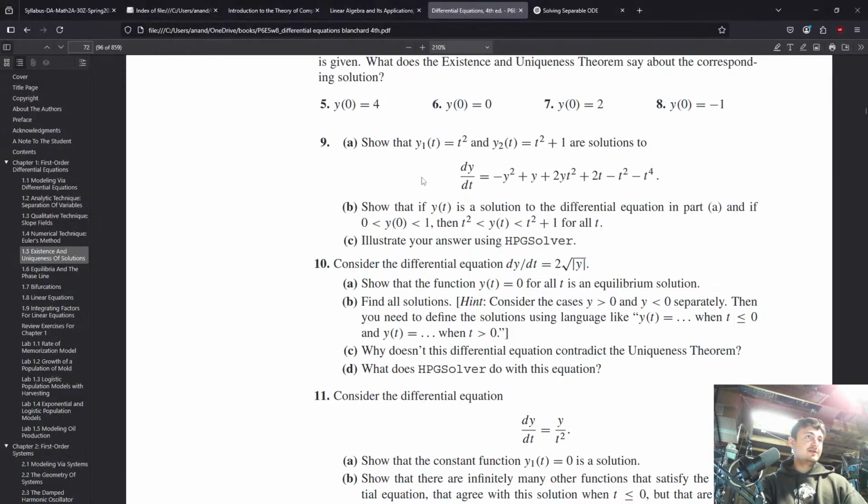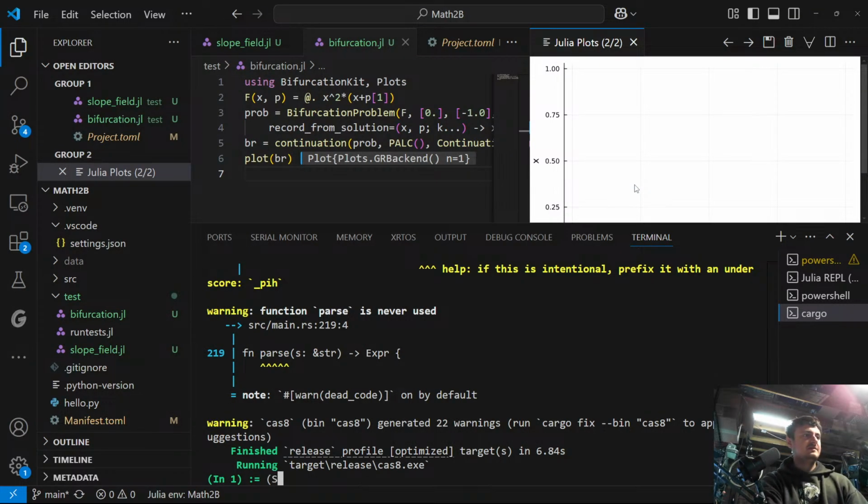Okay, so what we're trying to do, set x, and this is ridiculous, man. Okay, wait, let me write it out.